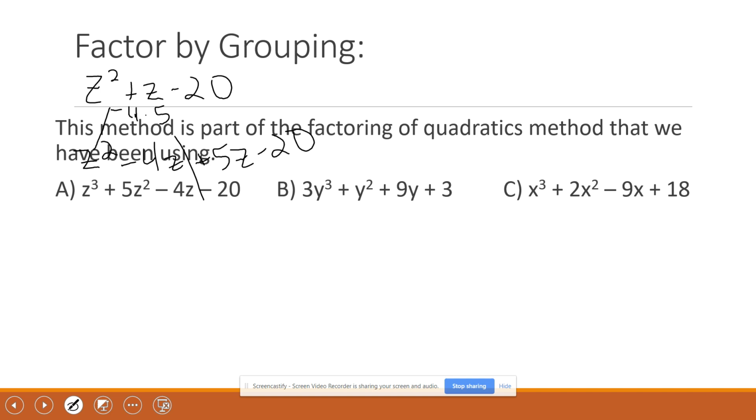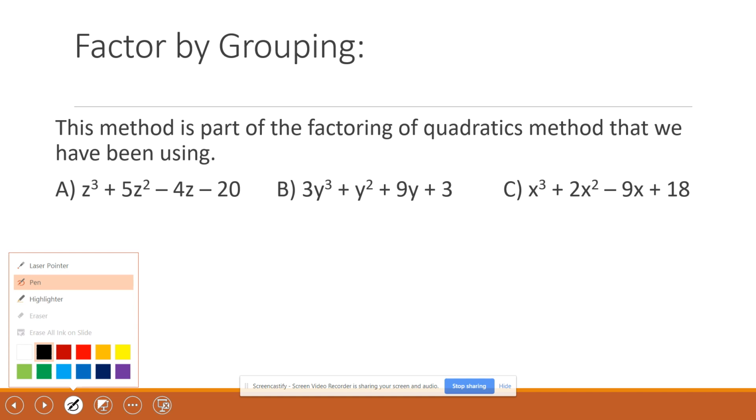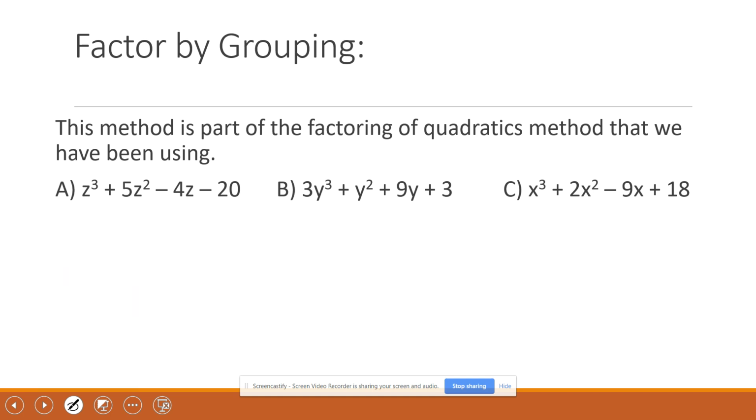So in factoring by grouping, they're starting at this point right here, where they already have the 4 terms. And now we're going to start straight at splitting it in half. So we split it in half, and our common factor on the left is z squared.